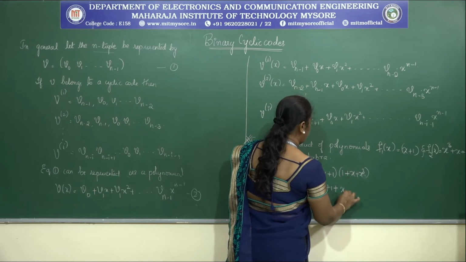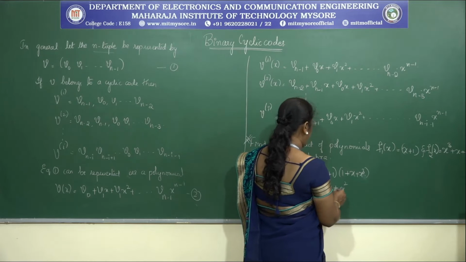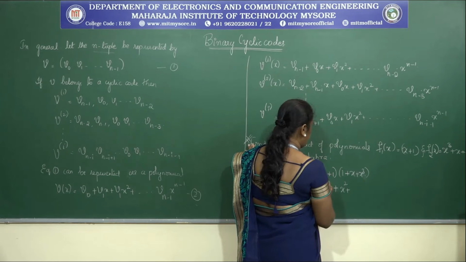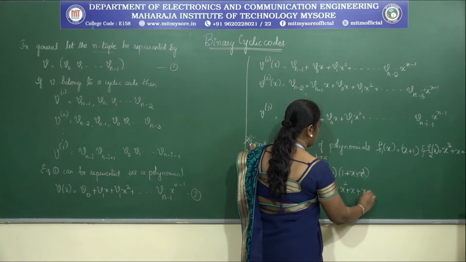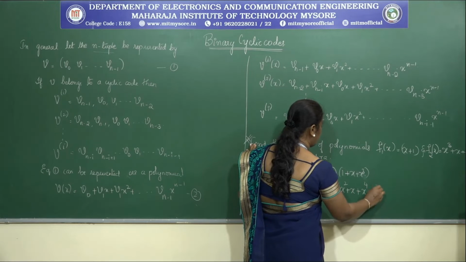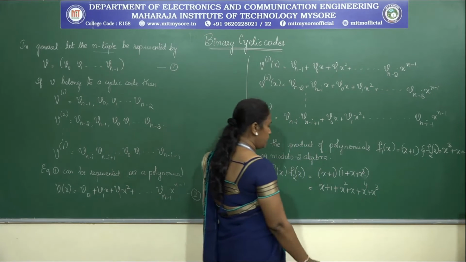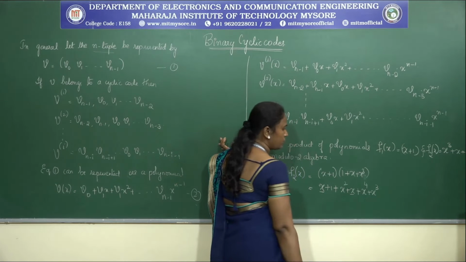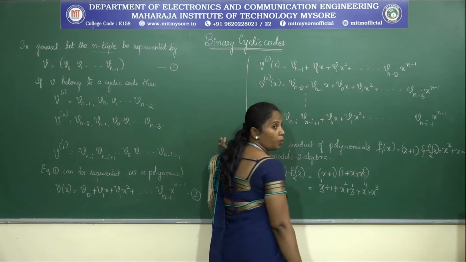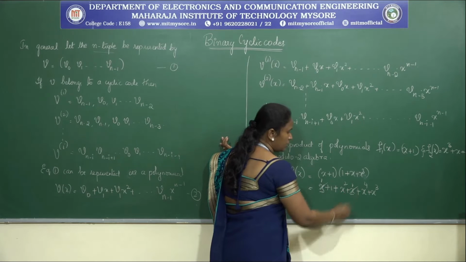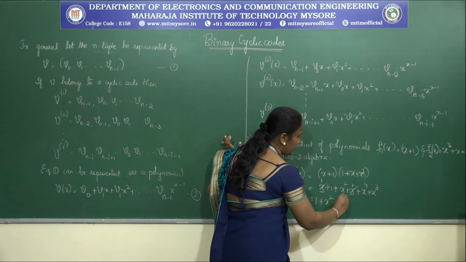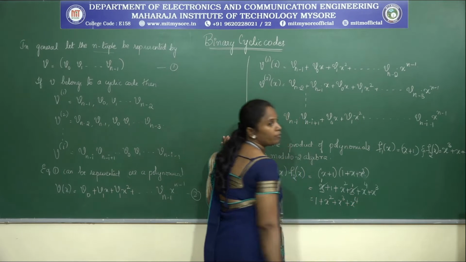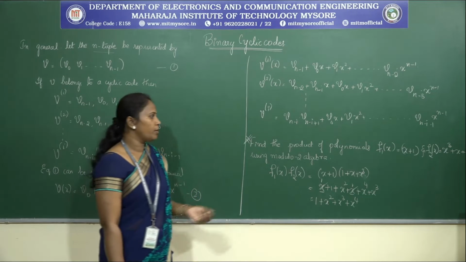That gives 1 into x plus 1 is x plus 1, plus x square plus x to the power of 4 plus x to the power of 3. Now the x and x are common, so 1 XOR 1 is 0, and we are left with 1 plus x square plus x to the power of 3 plus x to the power of 4. This is how we find the product of two polynomials.